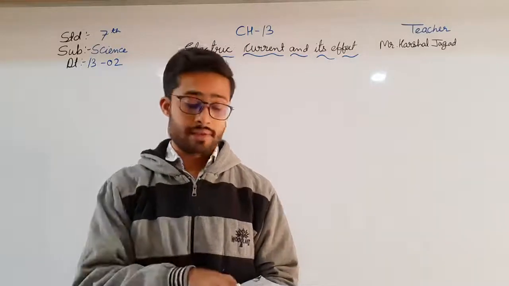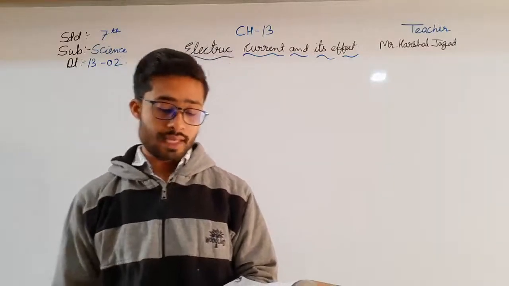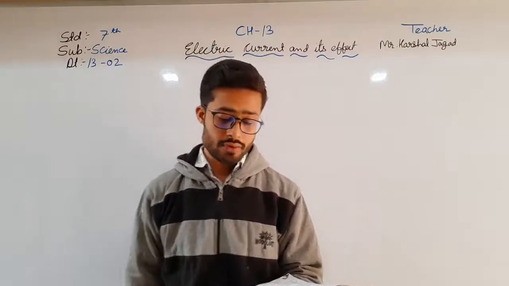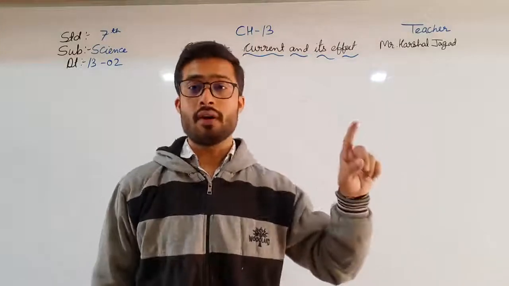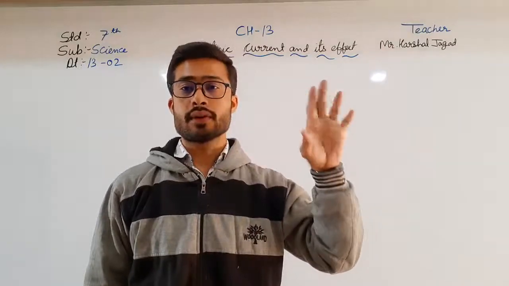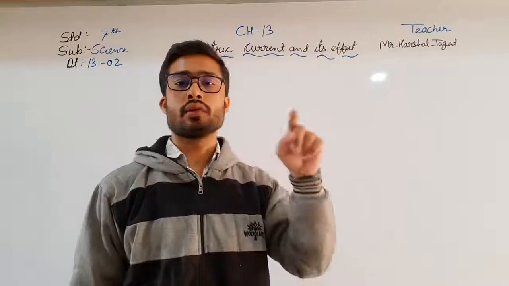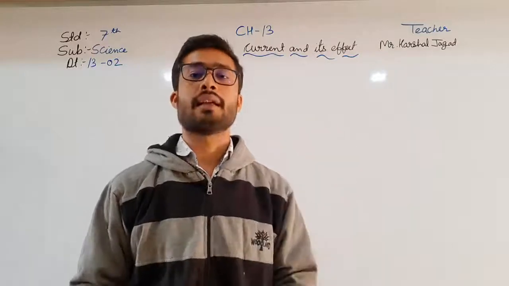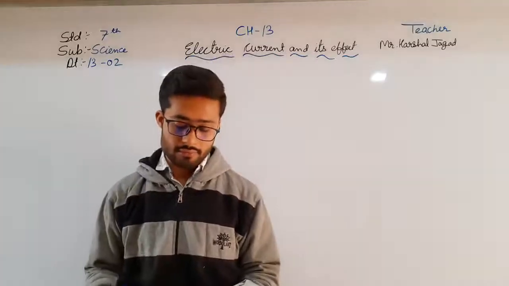So what happens? First step: when you push the switch of the bell, an electric current flows to the electromagnet. The second step: the electromagnet attracts the soft iron strip.